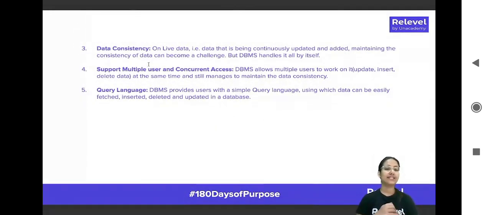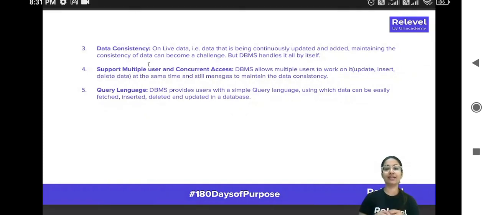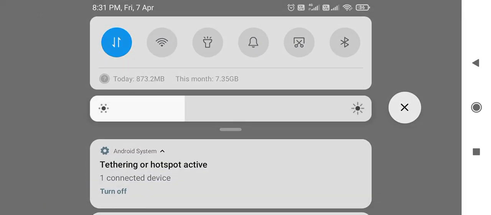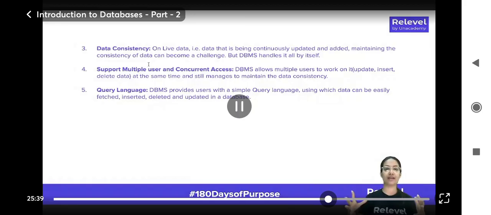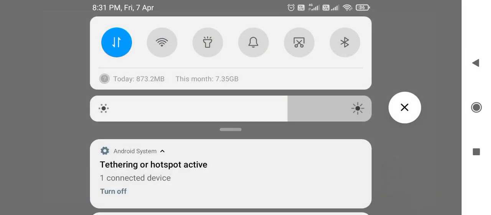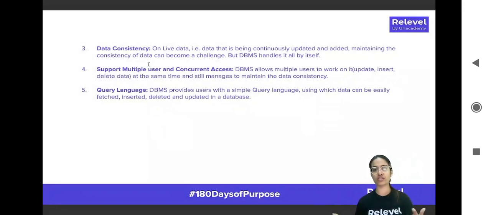The other thing is data consistency. Like I said, when we are dealing with live data, when someone is depositing money in the bank, at the same time someone is withdrawing money from the bank as well. The data is being continuously updated and added. Think of a bank. They have thousands of people who have their accounts, all of them are depositing, all of them are withdrawing, so much is happening.